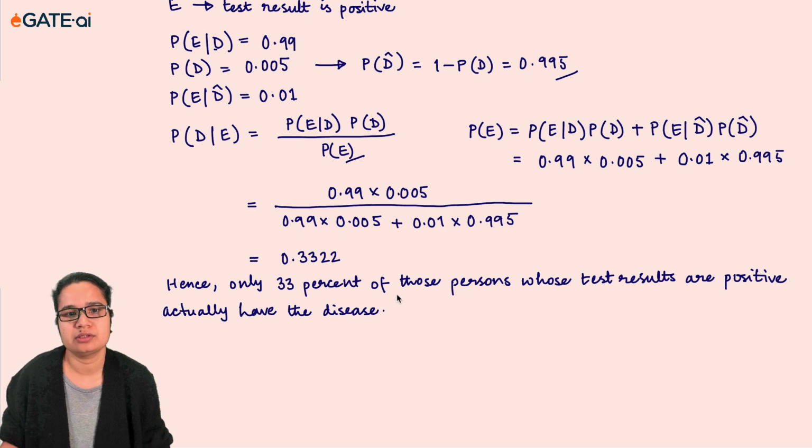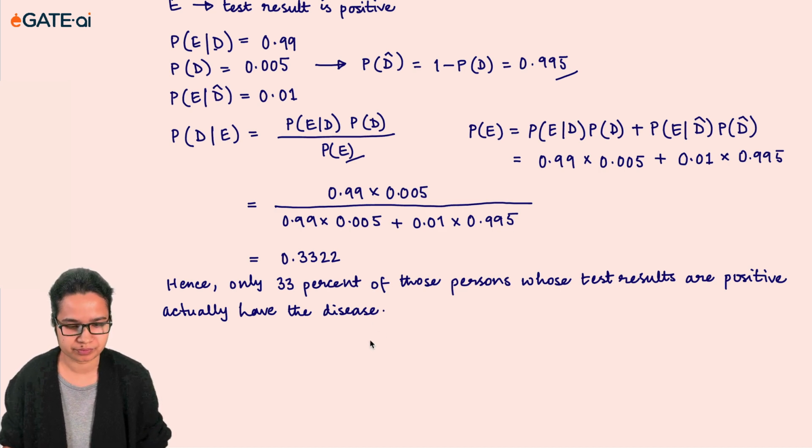So hence only 33% of the persons whose test results are positive actually have the disease.